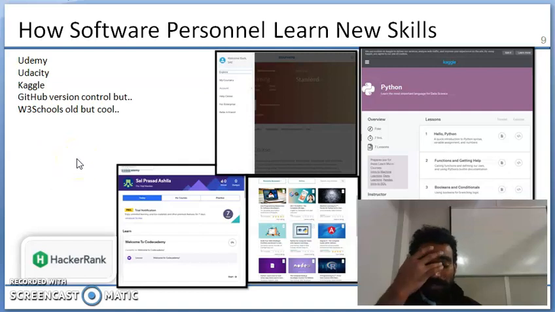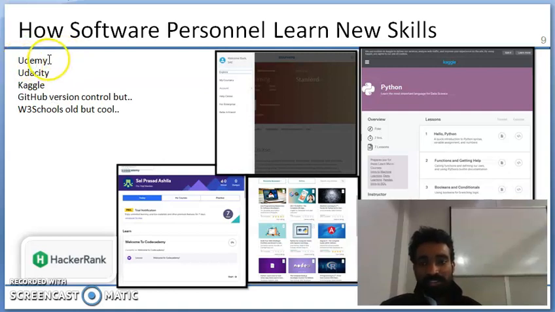Coming to how a software person learns new skills: during his tenure of service he has some time, and in continuously and rapidly growing technology he needs to reskill his abilities. There were many mediums to learn, like books, online webinars, or websites.